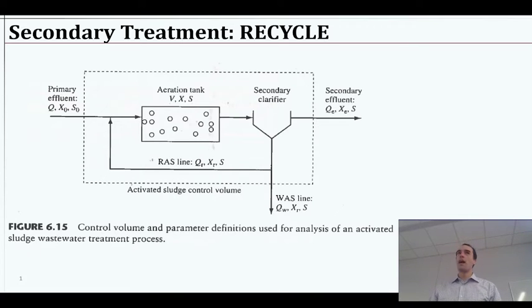Okay, so today we're going to come back to this secondary wastewater treatment process. And this time we're going to take a look at it from a little bit more of a steady state type of analysis. Last week we looked at a system where we're growing microbes, they're eating food, and the food is changing because it's being eaten, and the microbes are changing because they're growing on the food.